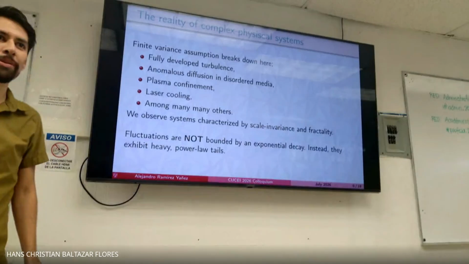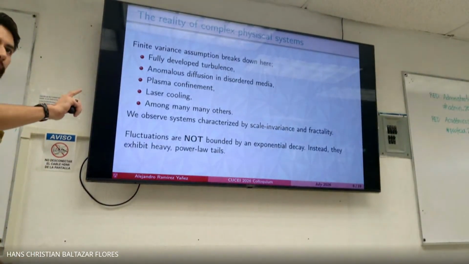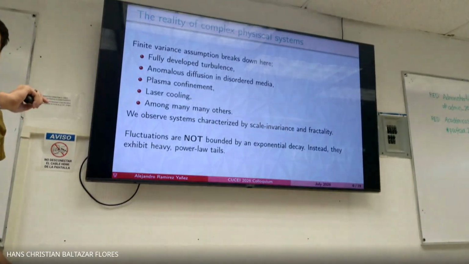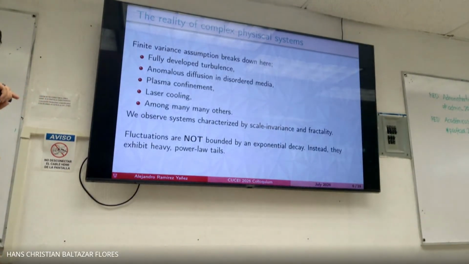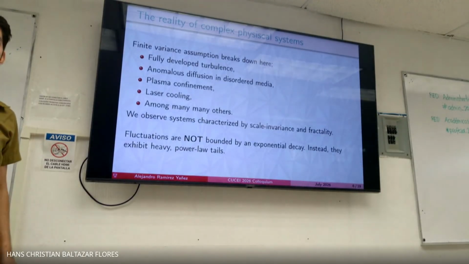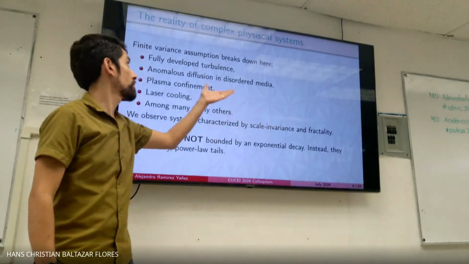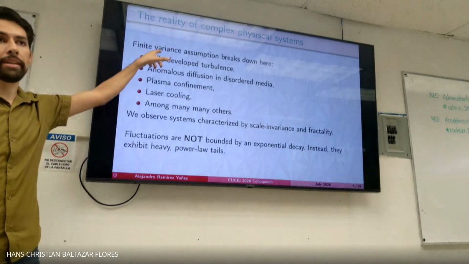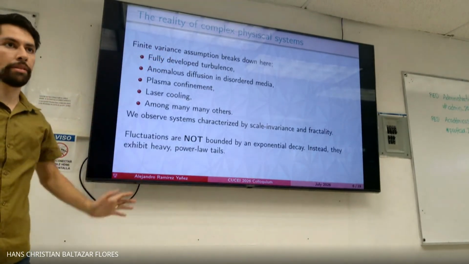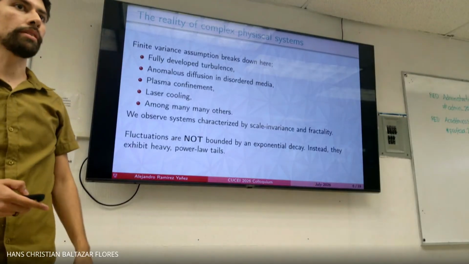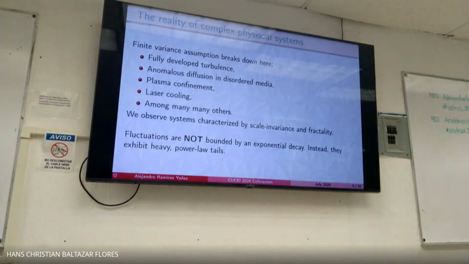I'm not sure about that. But scale invariance, are you talking about real space or Fourier space? No, in real space. Scale invariance in real space. Yes, because if you have scale invariance in real space, that means that you don't have a finite variance. Right? Okay. And you are not sure whether you are differentiating it from fractality only. Yes, I'm not sure about that.